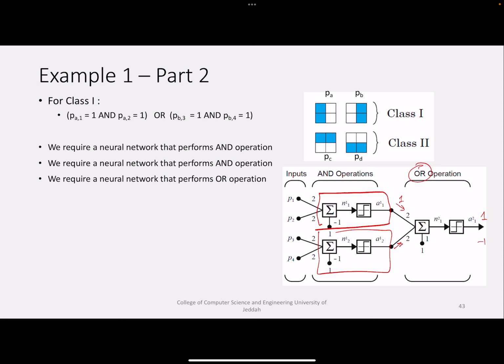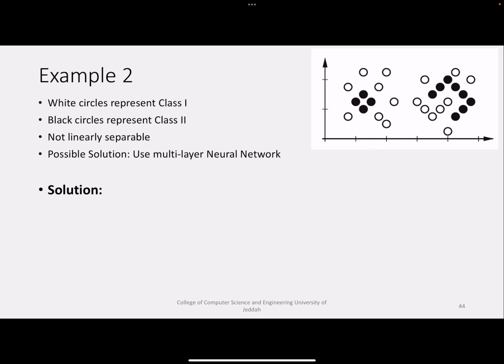The 1 will mean class 1, and a minus 1 at the output will mean class 2. So this is a very simple example, using a lot of the building blocks that we're already familiar with from previously in this chapter. Let's move on to a more extensive example.